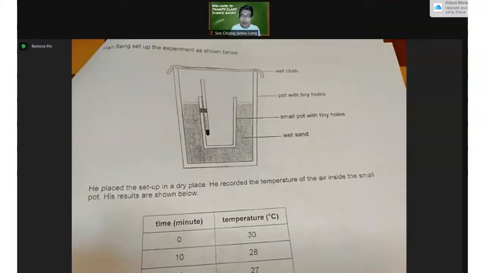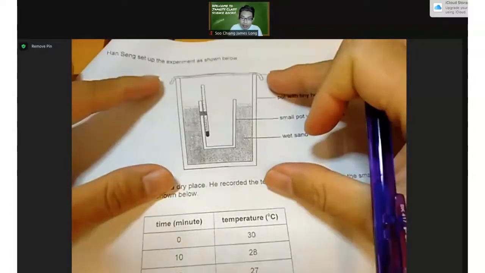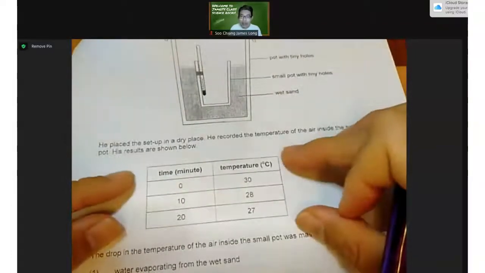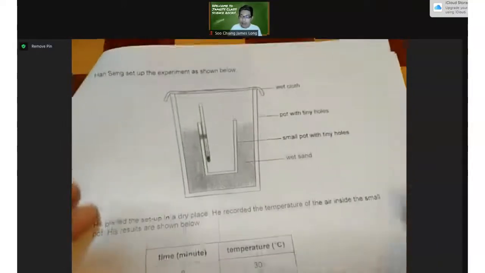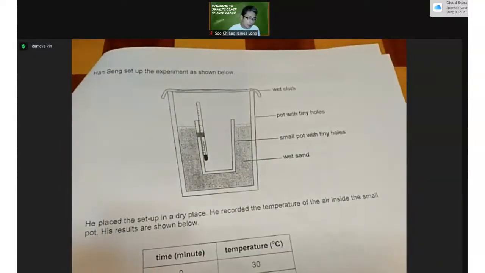These are the slightly harder kind of questions because it requires you to pull in information that have been presented to you in different ways, through a diagram, through tables, and there are also words. So let's take this slow and easy, and if I were you, I would use things like a highlighter to help me pick up information.